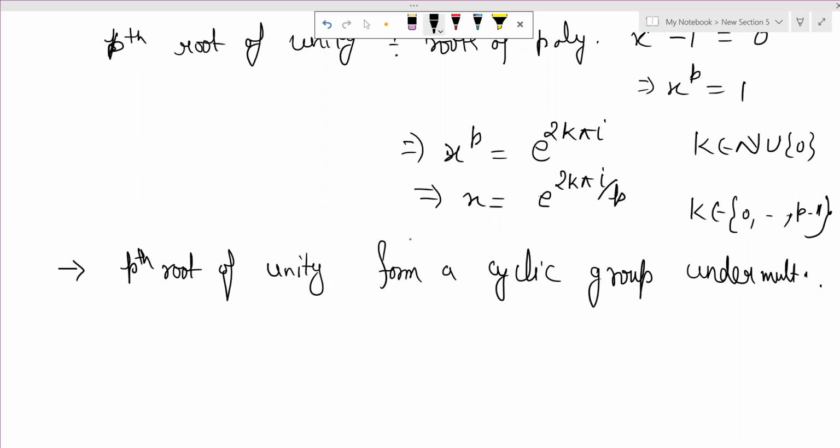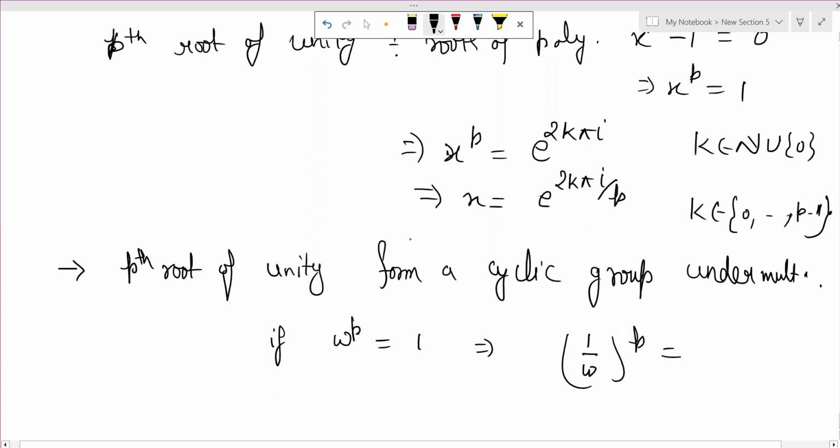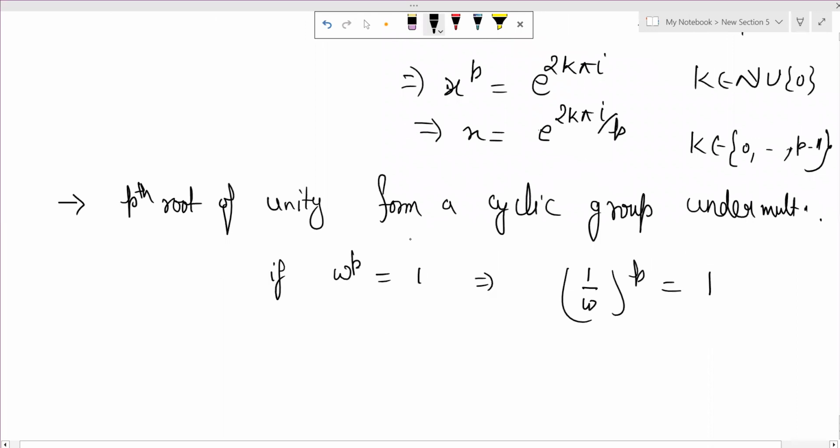If omega to the power p is 1, omega is obviously non-zero, so 1 by omega to the power p is also 1. So 1 by omega is also a pth root of unity, and it is the inverse. Yes, fine, so this forms a group.